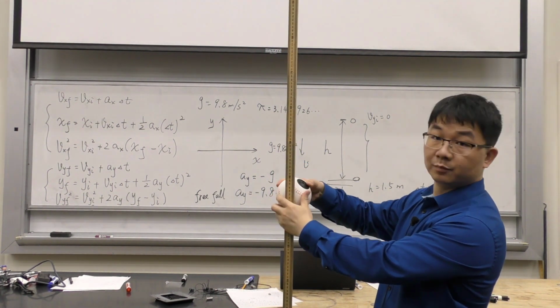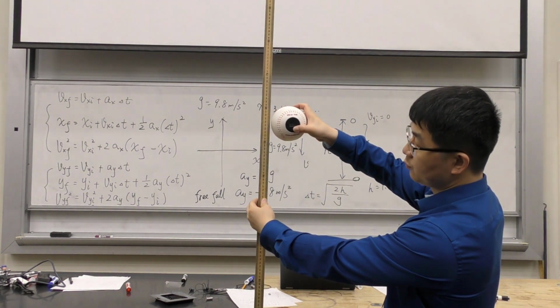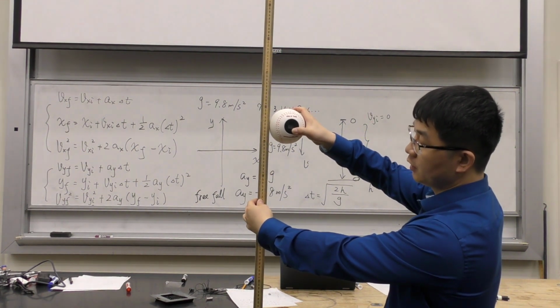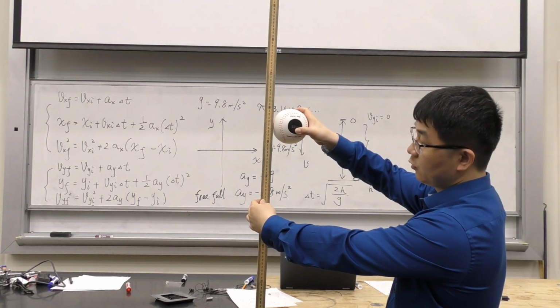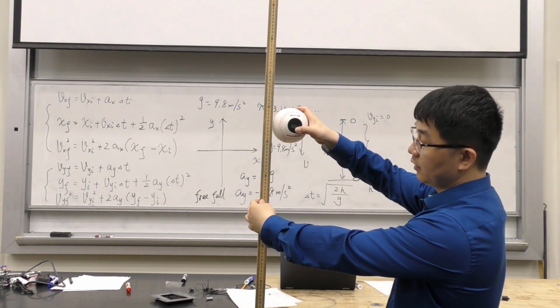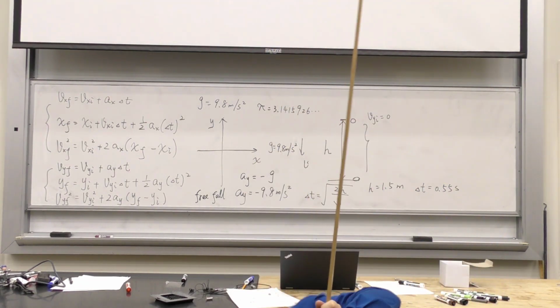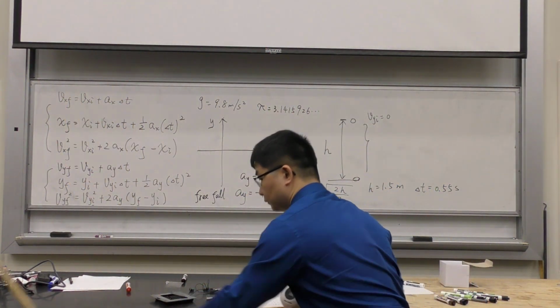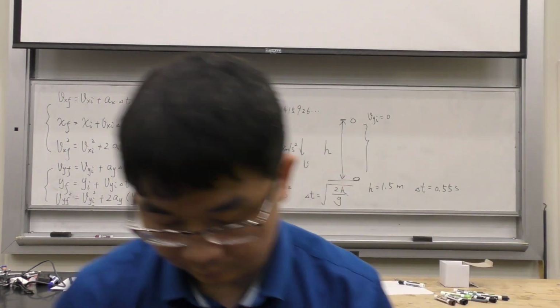First of all, I'm going to push this button, and then I'm going to drop this with the bottom at the 150 centimeters, that's 1.5 meters. Once I release it, it's going to start timing, and once it hits the ground, it's going to stop timing. Now you see the time I got.